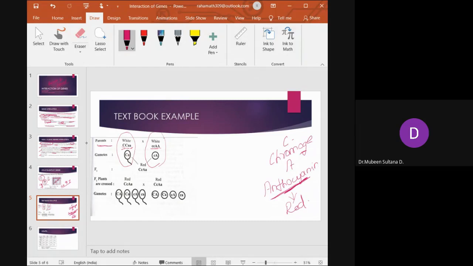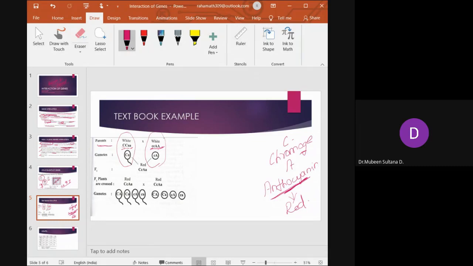And in this parent, you have small c. The small c is the chromogen, which is recessive. You have the enzyme anthocyanin, which is dominant, but it will not express itself.